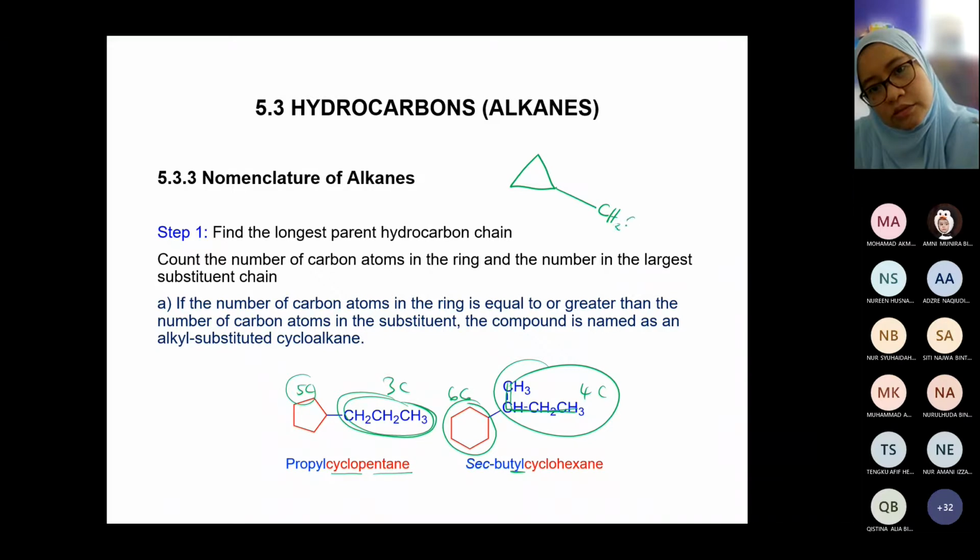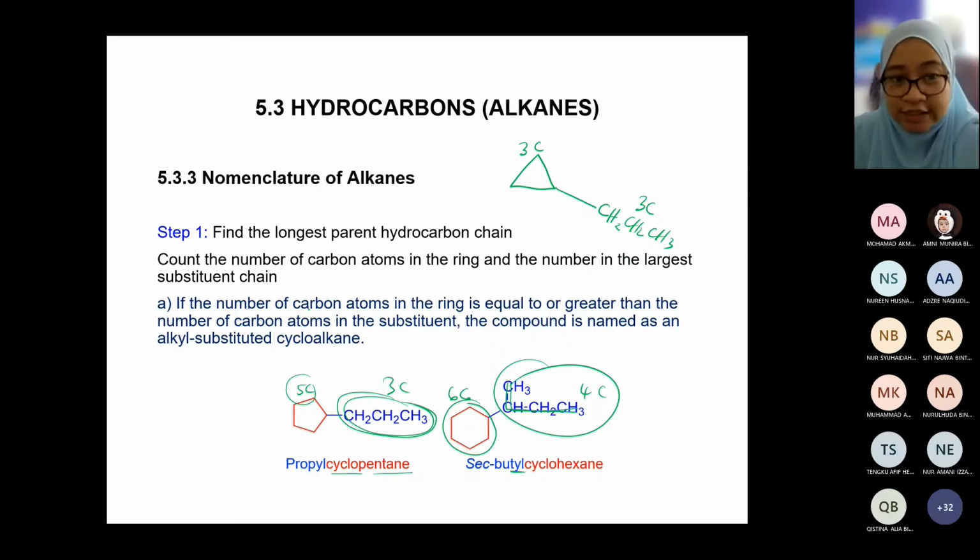One, two, CH2, CH2, CH3. This one, okay, 3 carbon. This is also, the open chain is also having 3 carbon. So you nak go for mana? Nak parent, saya tengah cerita pasal parent, nak go for cyclo ke nak go for open chain?